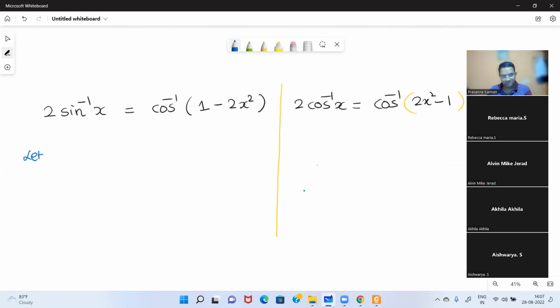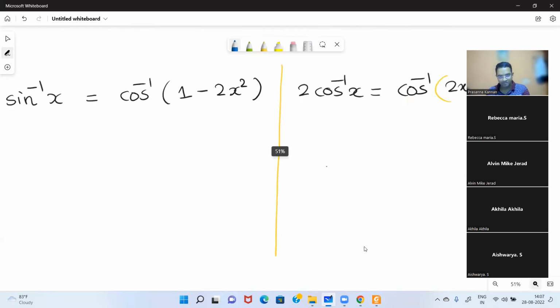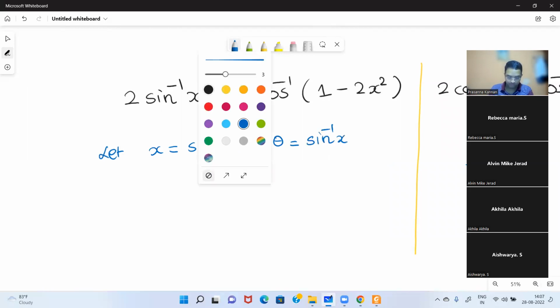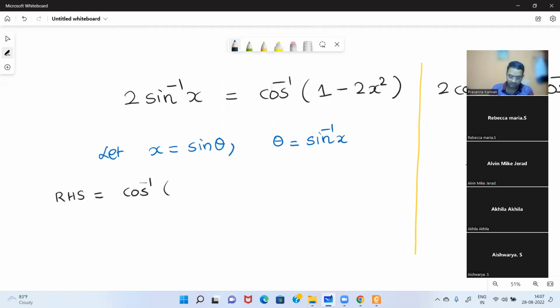How do we solve the sum? What do we substitute? Let x be equal to sine theta. Then what will be theta equal to? Sine inverse x. Let's start with RHS. What is it? Cos inverse of 1 minus 2x squared, right? So cos inverse of 1 minus 2, what is x?